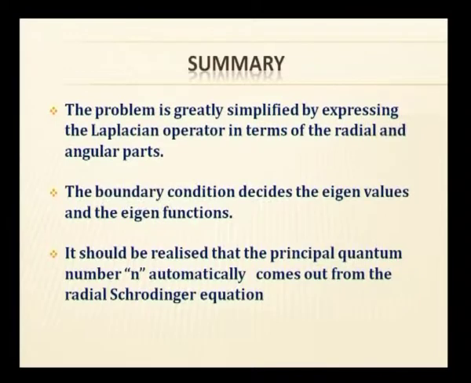The problem is greatly simplified by expressing the Laplacian operator in terms of radial and angular parts. The boundary condition decides the eigen values and eigen functions. It should be realized that the principal quantum number n automatically comes out from the radial Schrodinger equation.